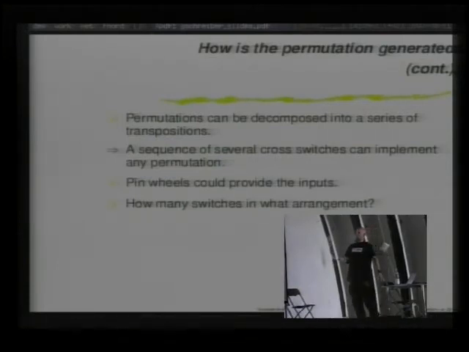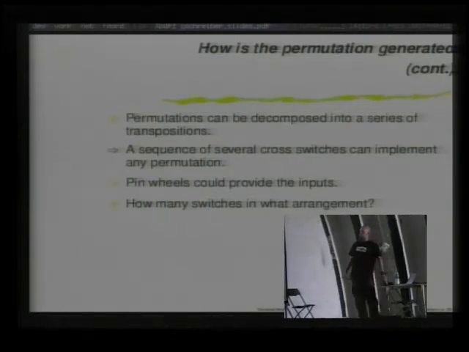This gives you, in theory, any permutation you want, because you can decompose every permutation into a series of transpositions. And then you could use pinwheels again to generate the inputs for these cross switches. So this is the next assumption that would be made: they're probably, or almost certainly, using this kind of switch, and using pinwheels to generate the inputs for them, and thus they get this random permutation.